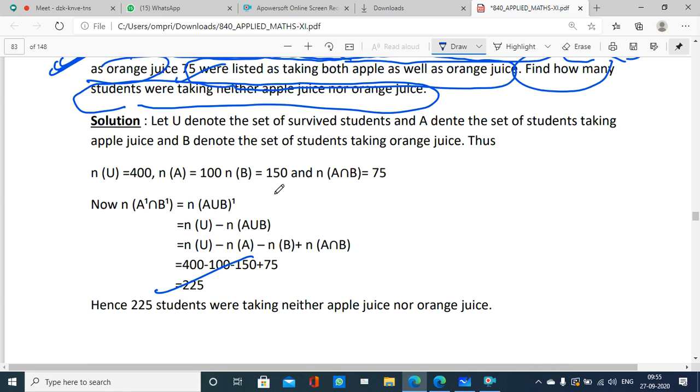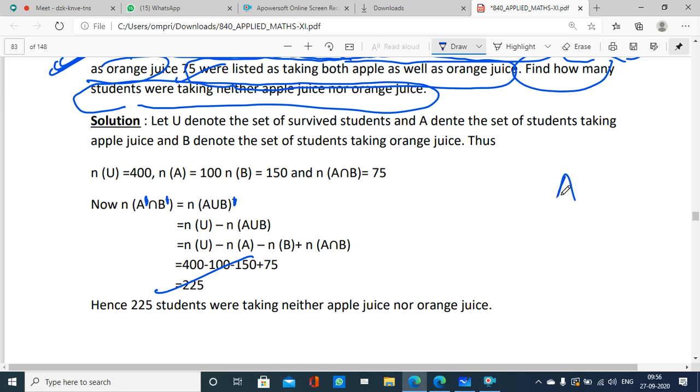Here let me tell you one thing. There are lots of printing mistakes, guys. I've told you, are you correcting the printing mistakes in your handbook? See here, it is written A dash, A union B dash.